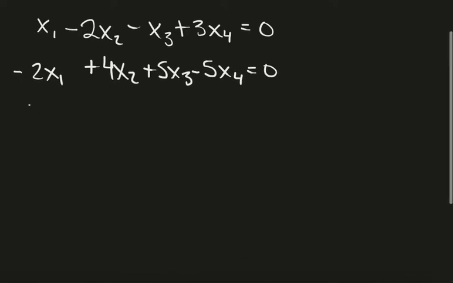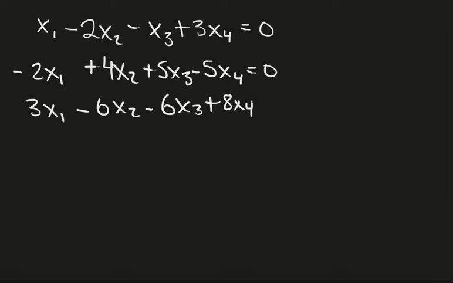And one more. Let's do 3x1 minus 6x2 minus 6x3 plus 8x4 equals minus 3. Let's also change this one, just to make it a little more interesting, to be a 3.